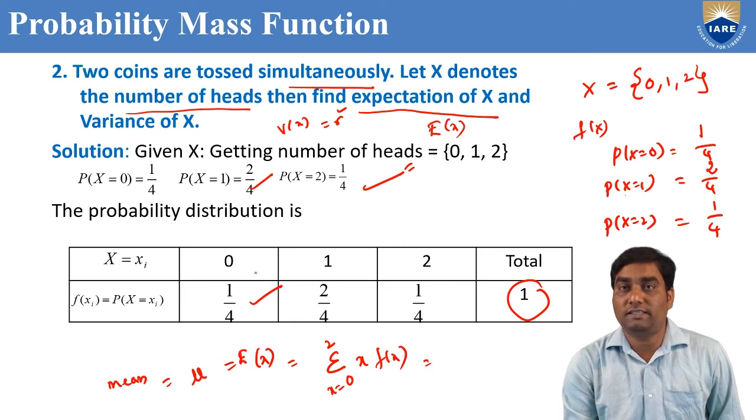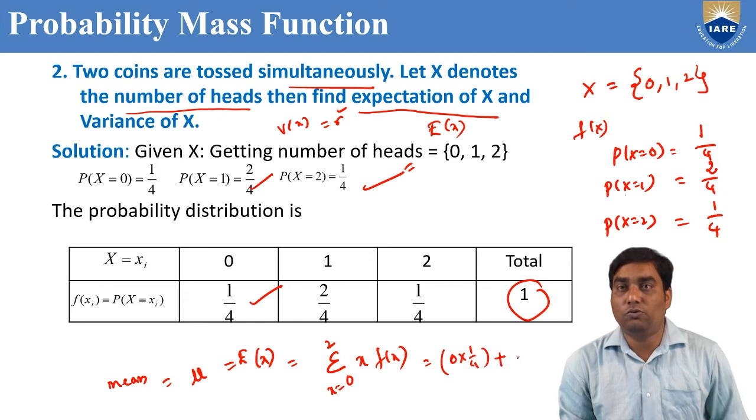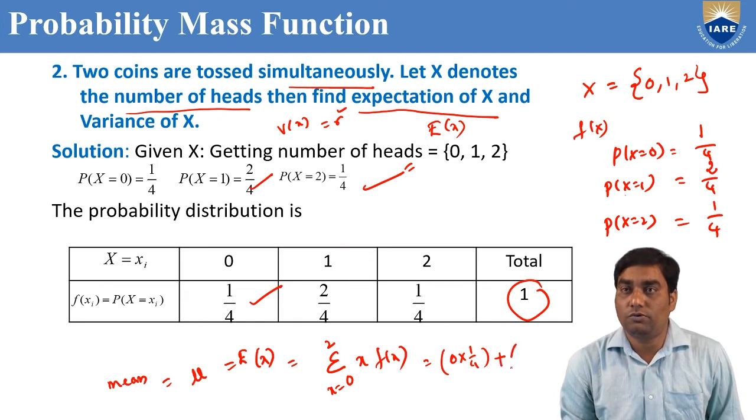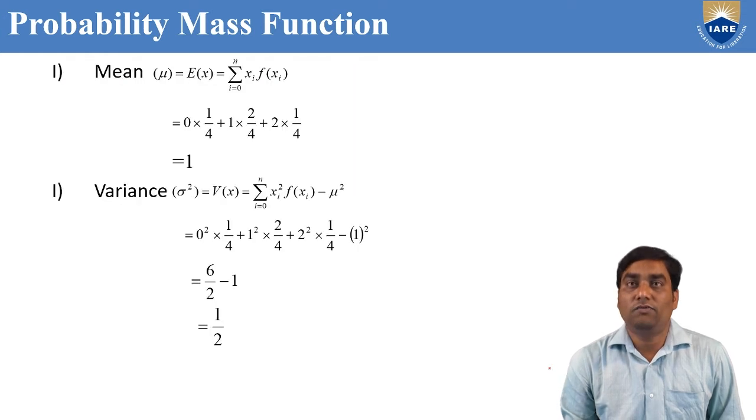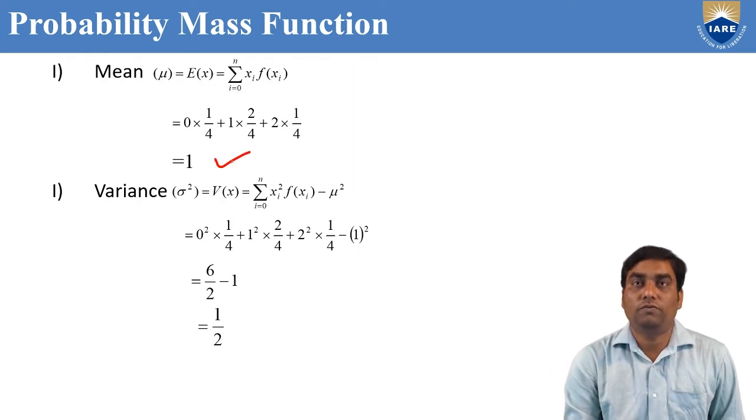X into f of X. X equal to 0 into 1 by 4, plus, since sigma is there, X equal to 1, 1 into 2 by 4, plus X equal to 2, 2 into 1 by 4. If you simplify, we'll get mean value equal to 1.